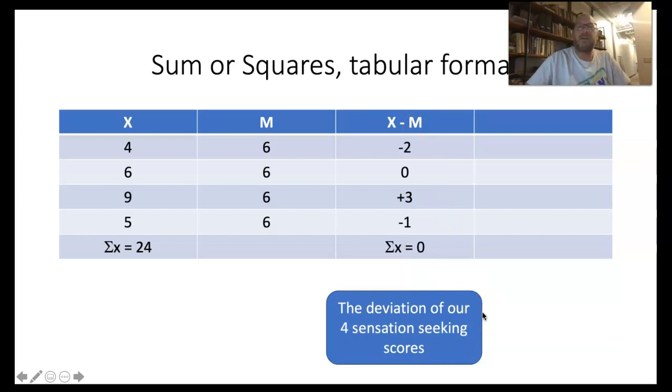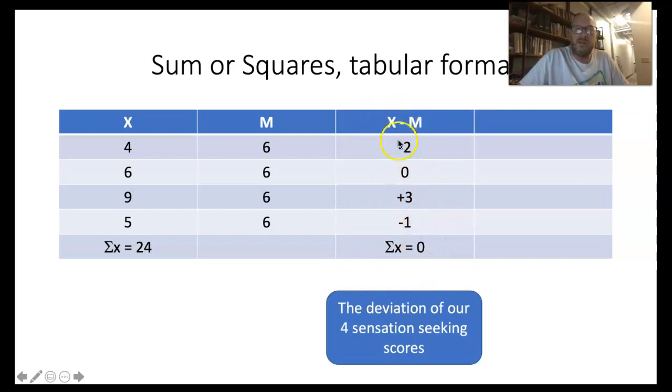So if I fill in this column right here, what I see is my deviations go -2, 0, someone's exactly what we expected them to be, +3, someone scored 3 points higher than what we'd expect them to, and -1.